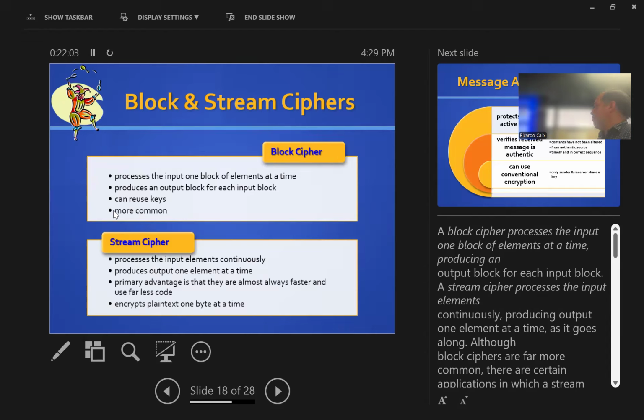The stream cipher processes the input elements continuously, producing output one element at a time, such as one byte at a time. The primary advantage is that they are almost always faster and use far less code. It encrypts plain text one byte at a time.